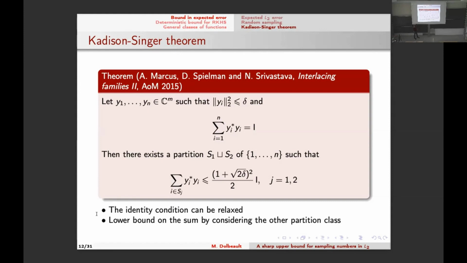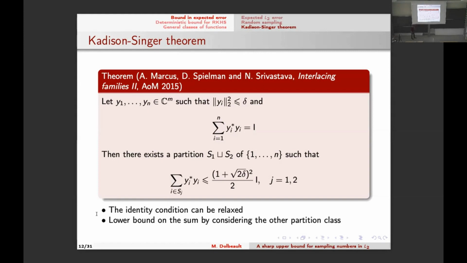And my assumption was that this sum was exactly the identity. If I multiply by some matrices on the yi, I can relax this hypothesis. So this tells me I can divide the sample size by 2 and just make a small error in this condition.